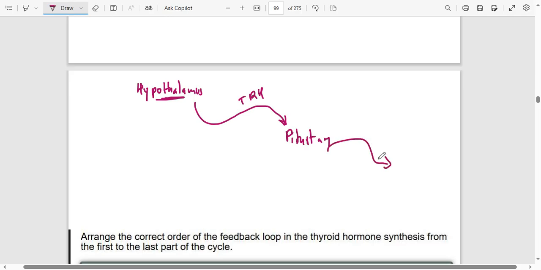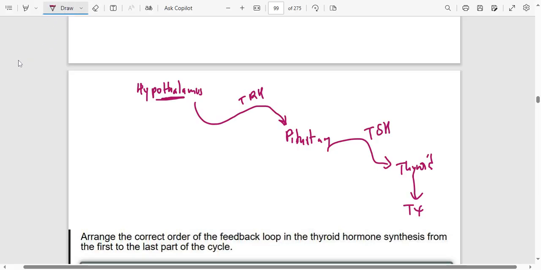So, it's going to release the thyroid stimulating hormone. That will stimulate now the thyroid gland to release the thyroid hormone, which is T4 and T3. Now we know that the majority of the thyroid hormone is actually T4, but the potent one is T3.